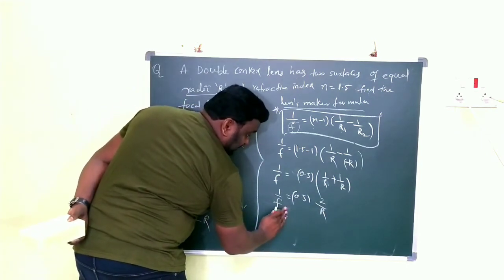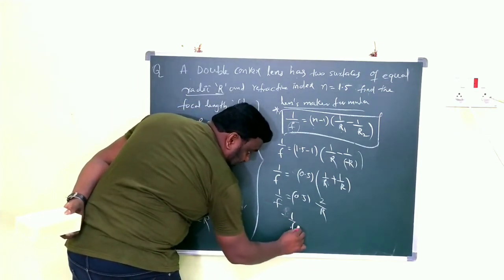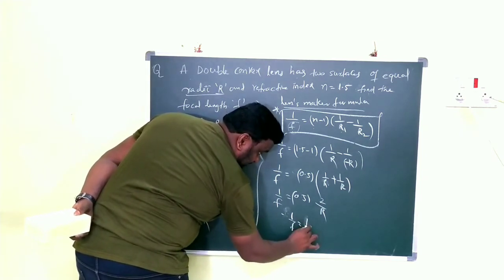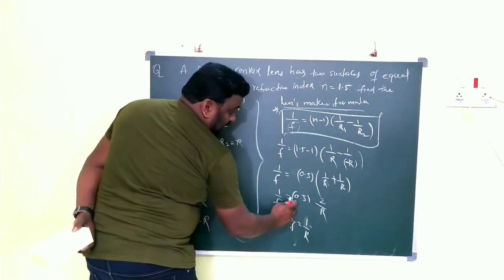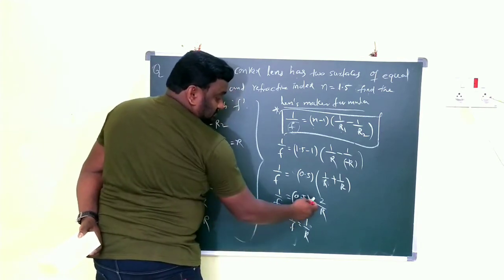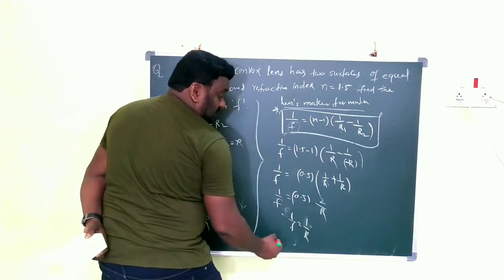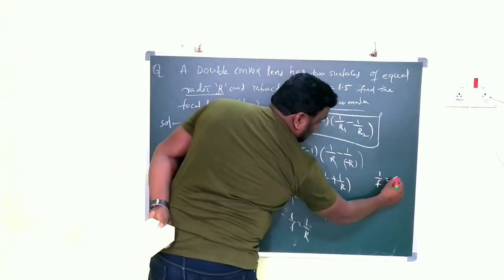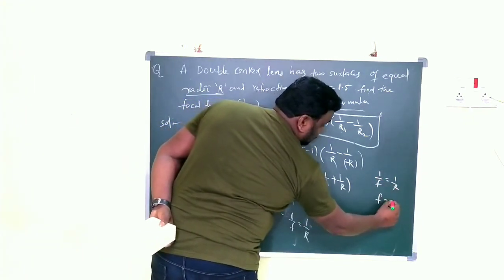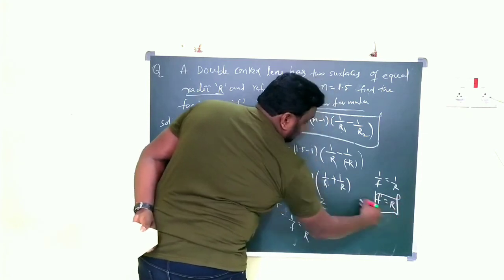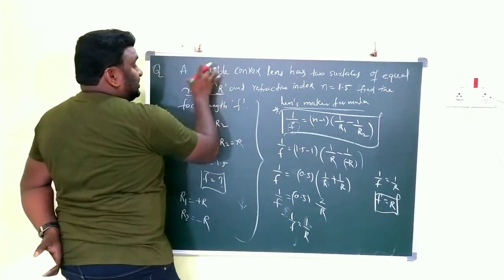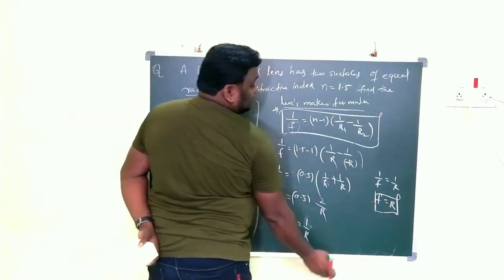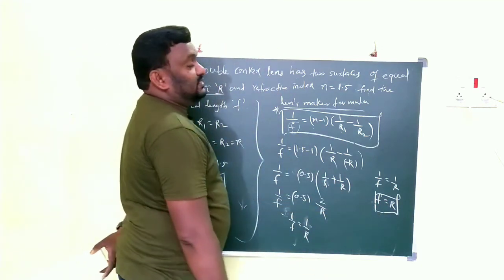So 1 by F is equal to 1 by R. Then F is equal to R. So for this situation, this is the solution: F is equal to R, nothing but radius of curvature equals focal length.